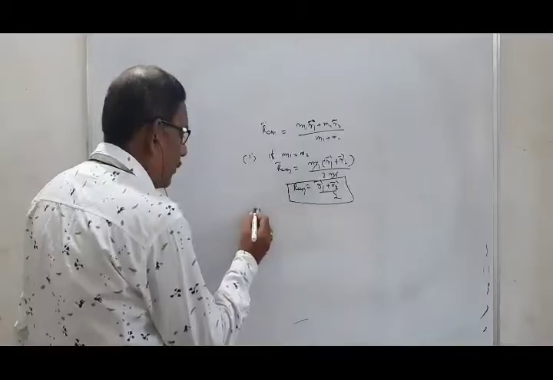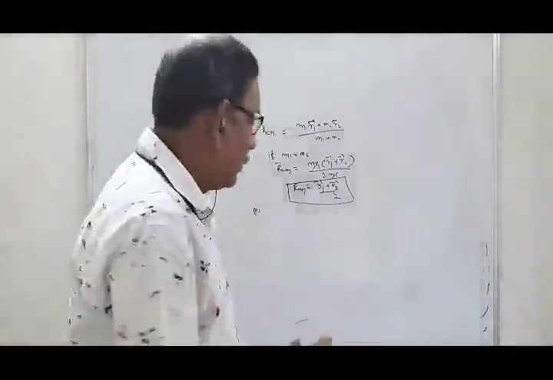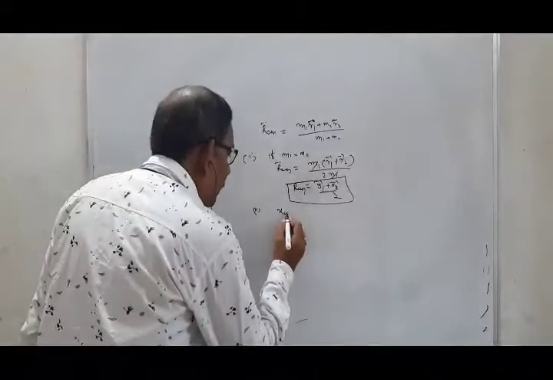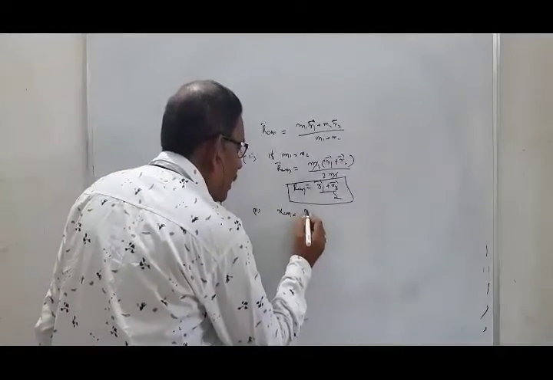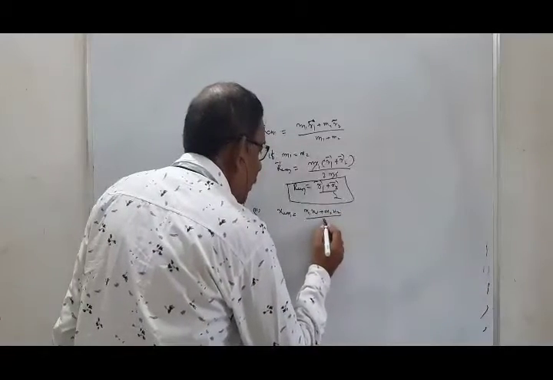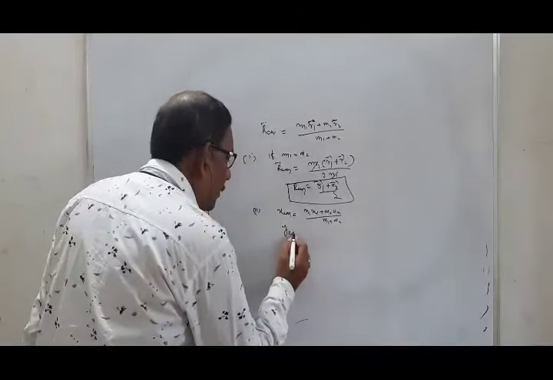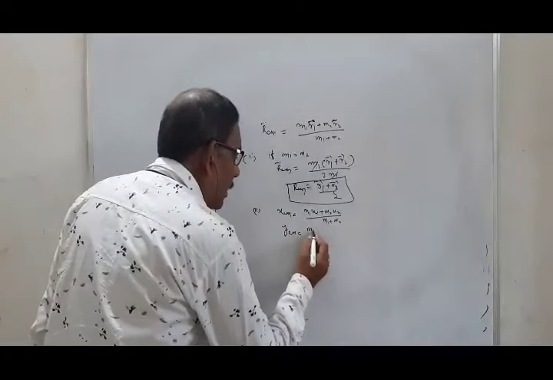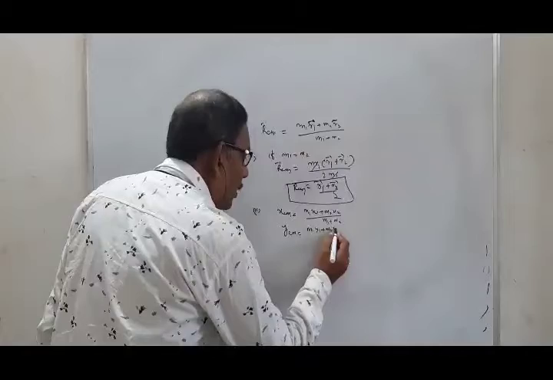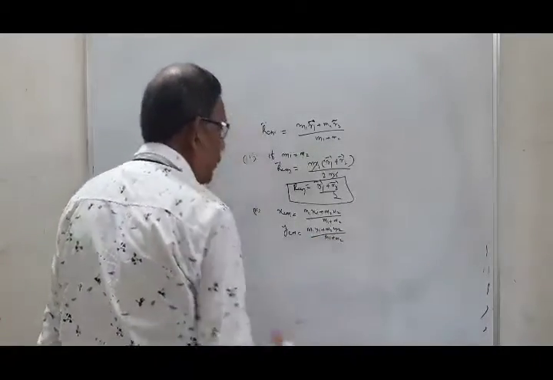Other result, the coordinates of the particles of mass M1 and M2: the center of mass for x coordinate is M1 x1 plus M2 x2 by M1 plus M2. Similarly, y coordinate is M1 y1 plus M2 y2 by M1 plus M2.